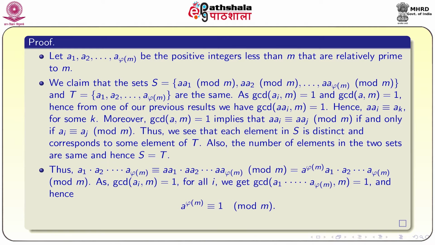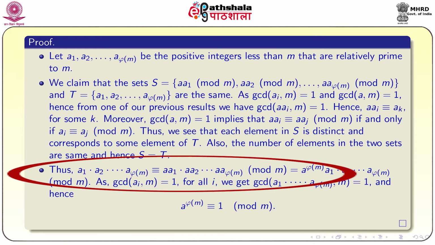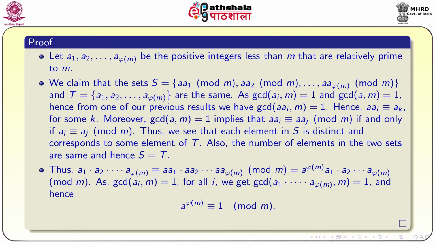Thus, we see that each element in S is distinct and corresponds to some element of T. Also, the number of elements in the two sets is the same, hence we have S equal to T. Thus, their product a1 into a2 and so on up to a phi of m is congruent to a into a1, a into a2 and so on up to a into a phi of m modulo m.